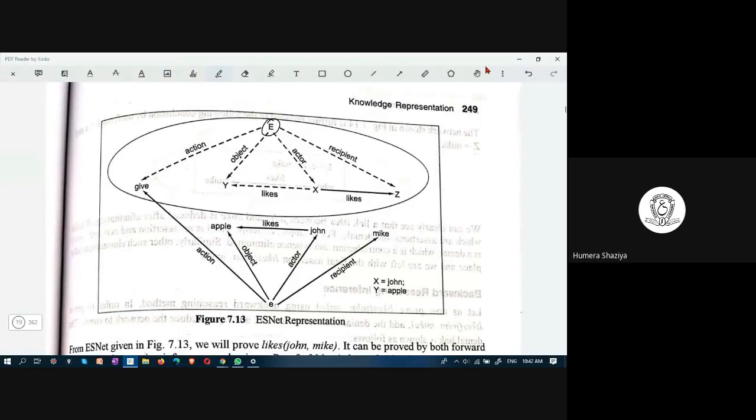This capital E, action is give, capital E, object is Y, capital E, actor is X, capital E, recipient is Z. And this should be read in reverse direction. Did you understand this?